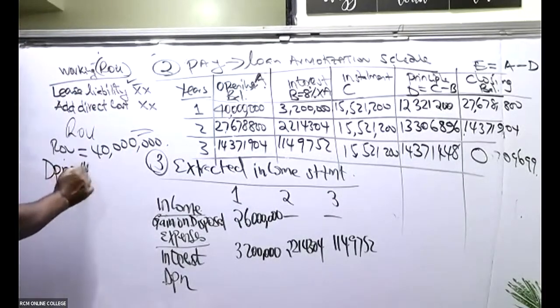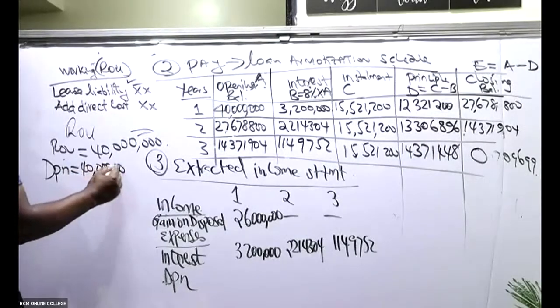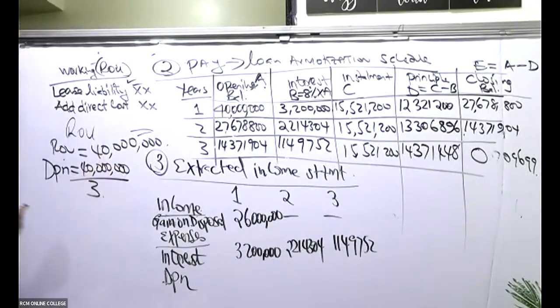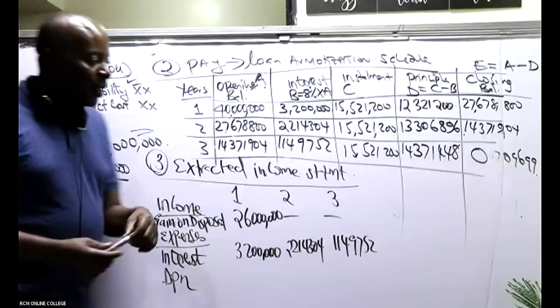So depreciation here will be 40 million divided by 3 years. Is there somebody who can give me this depreciation per annum? This is what I shall book here.